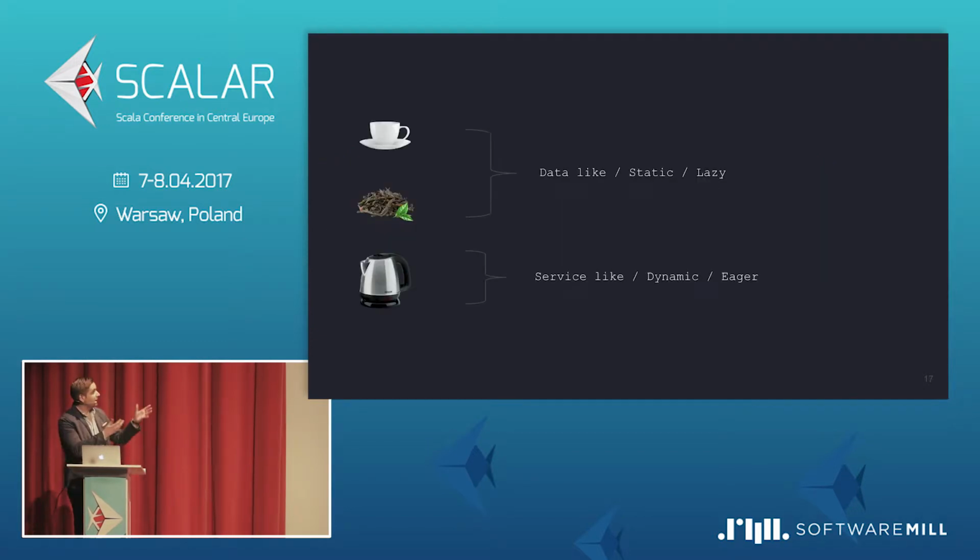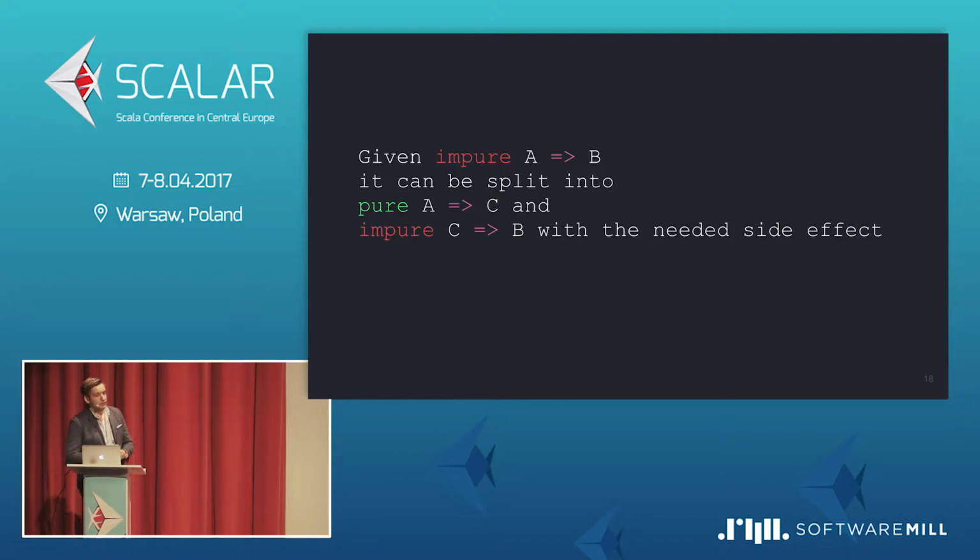Looking at those three things, you can see that we have arguments that are more data-like, static, lazy, and we also have things that are more service-like, dynamic, or eager in their operation. So how can we fix that? If you have a function that is impure, so it actually does some side effecting, you can split it into two parts.